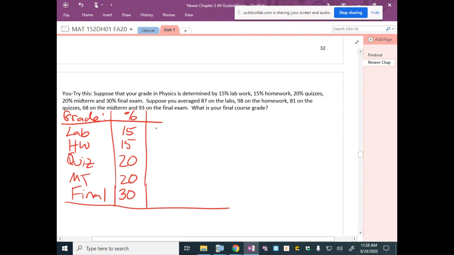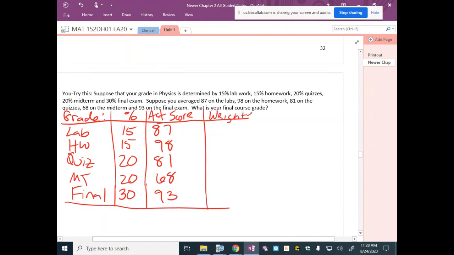So let's say you got 87 on the labs, 98 on the homework. Let's see, how did you do on the quizzes? 81, 68 on the midterm, 93 on the final. So you figure out the weighted components.